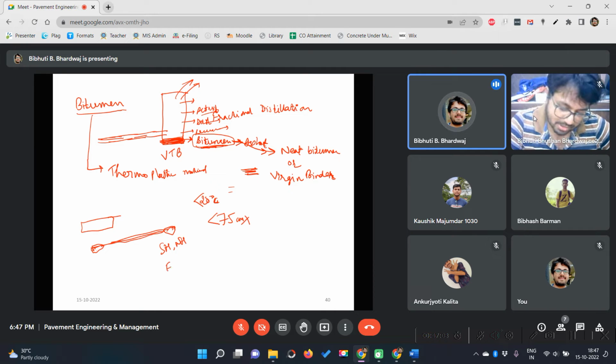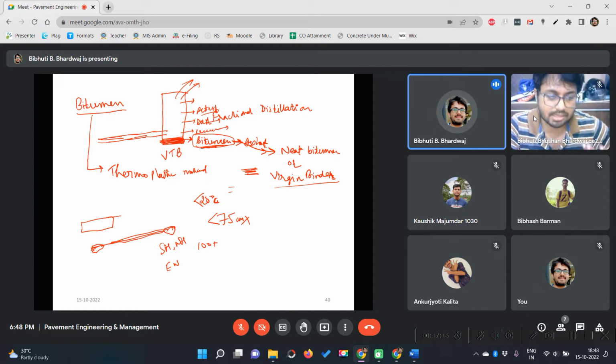But if you want to use it in expressways, high density corridors, then it should be 100 plus. So with virgin binder, we cannot obtain 100 plus ductility value. So, how to increase its ductility?